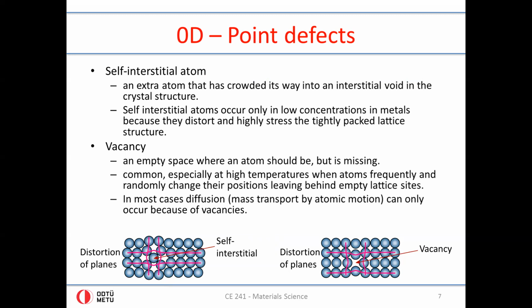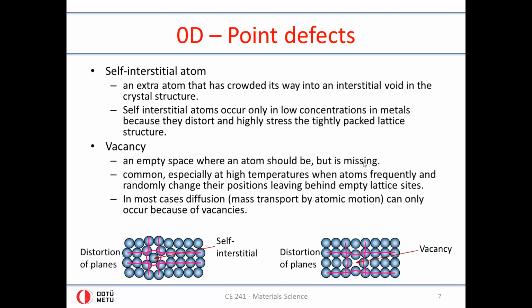And a vacancy is an empty space where an atom should be, but is missing. And it's common at high temperatures when atoms randomly change positions, leaving behind empty sites. So then when that solidifies, you may end up with a vacancy. In most cases, the diffusion of atoms, or mass transport movement of atoms from one side to another, can happen because of these vacancies or causing these vacancies.